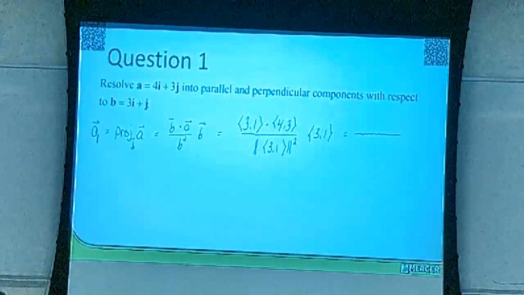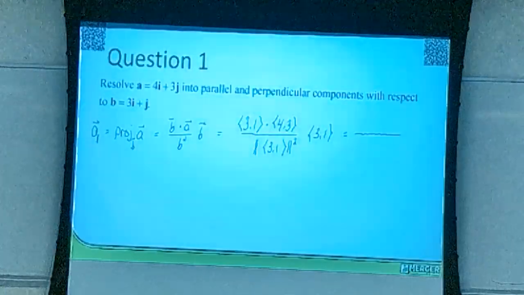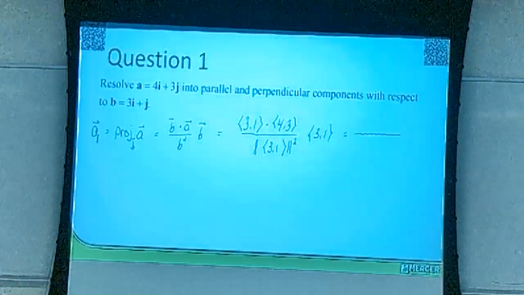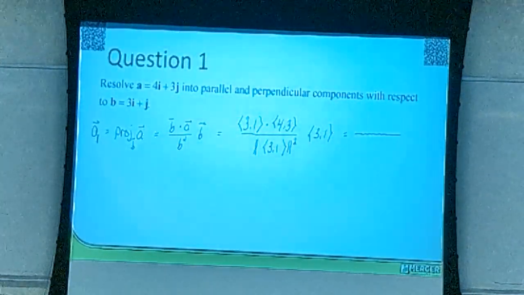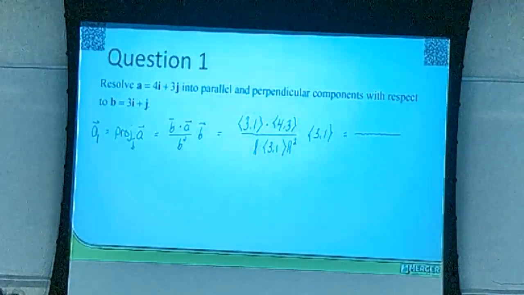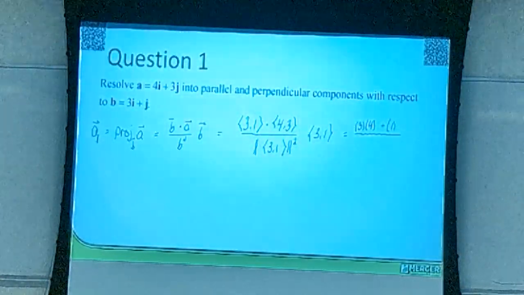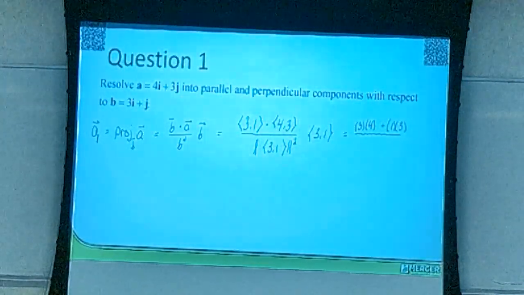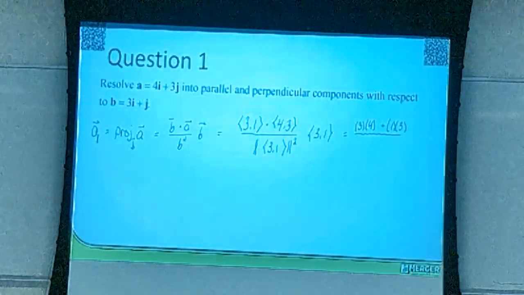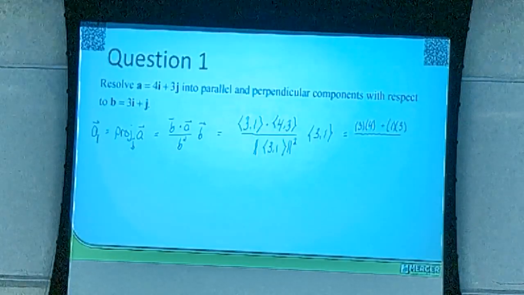Well, dot product. Sum of the products. 3 times 4, 1 times 3. So I'm going to write it out that way. Right now, it would wind up being 12 and 3, which is 15. So we'll do that in the next step.